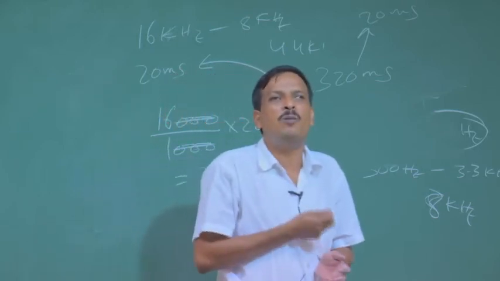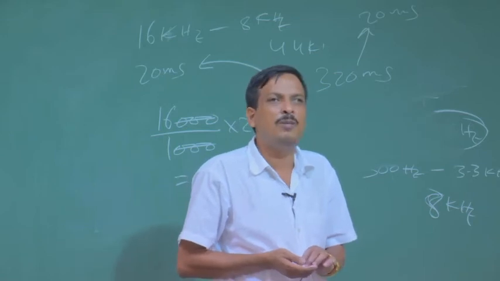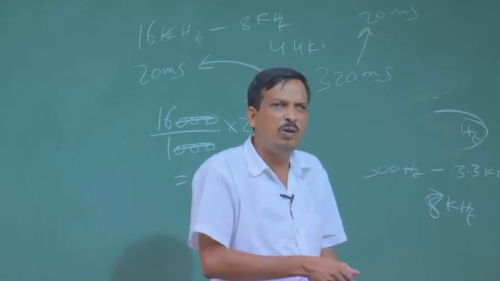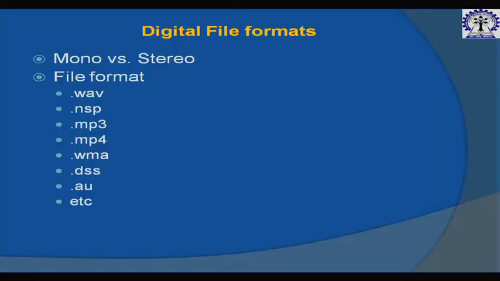So, what kind of file formats are there? You see a lot of file formats: .wav, NSP, MP3, MP4, WMA, DSS, AU, etc. Some are coded speech formats, some are non-coded, because they just store the samples. Okay. But MP3 is compressed.